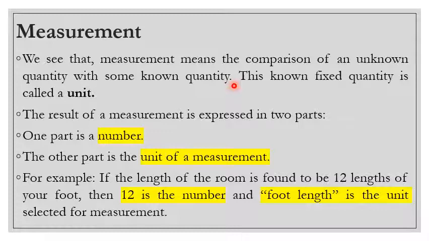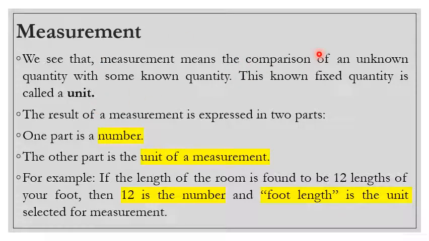Based on those known quantities, we come to a conclusion that this particular table is this much length, or this particular shirt requires this many meters of cloth. So this known fixed quantity is what we call a unit. Kilometer, meter, square meter, liter, all these are units of measurement. So a unit helps you measure the unknown quantity.